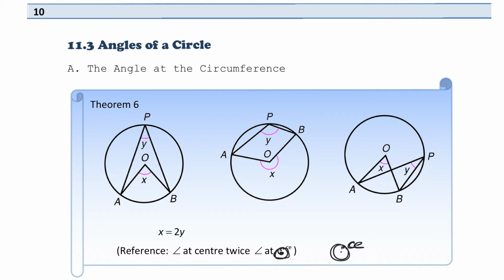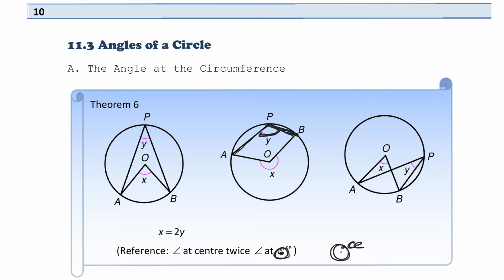Similarly, if we rotate and move this OA and OB to these positions, I know this angle is x and this angle is y. Same idea: if I consider this angle at circumference, what is the corresponding angle at center?